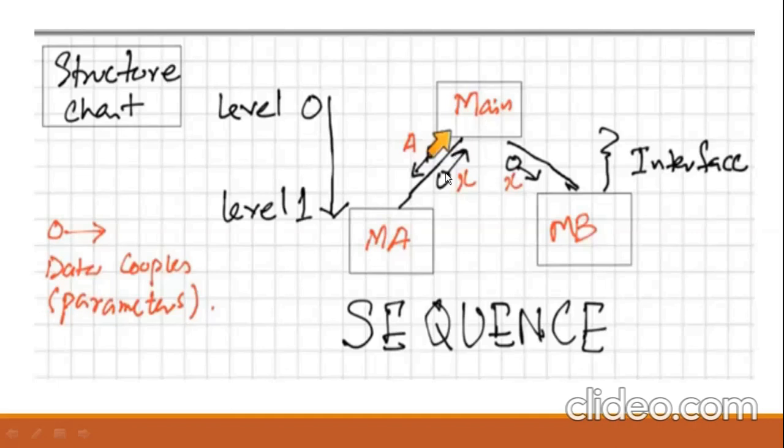So these transferred data values are called parameters, or we can also call them data couples.